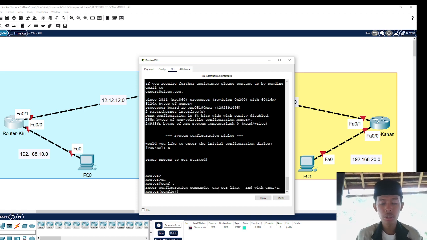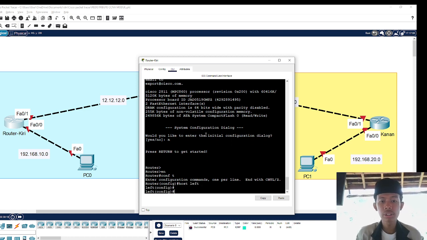Make sure you already give the hostname so you will not be confused, and do some basic addressing the same as the topology.